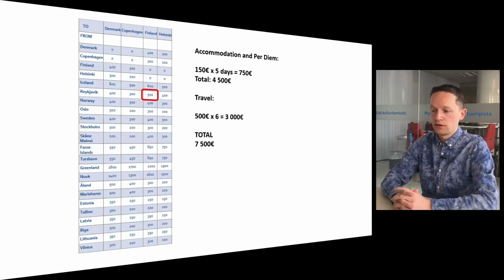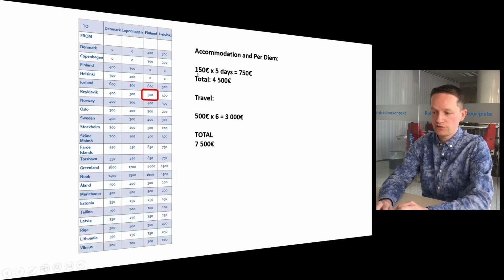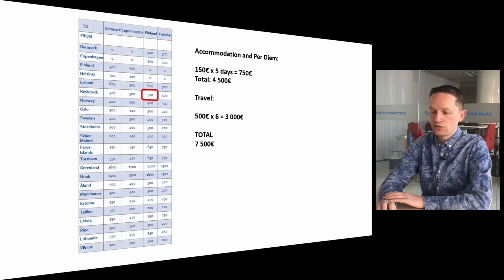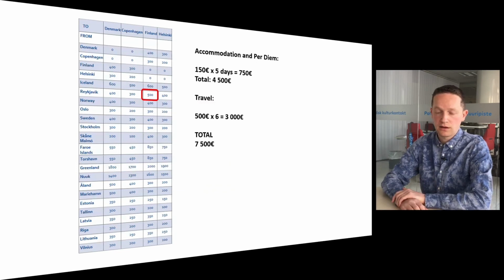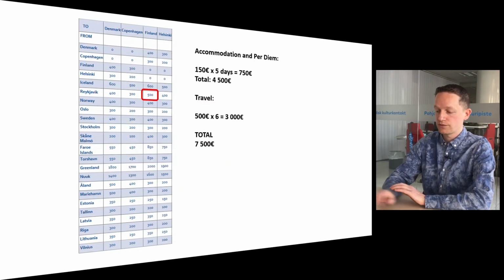First of all, you will have to count the individual per diem and accommodation, which is 150 times 5, that's 750, times the 6 participants, 4,500 euros. Next, you go to the travel rate from Finland to Reykjavik. You see it's 500 euros. This multiplied by 6 is 3,000, with a total amount applied for of 7,500 euros.